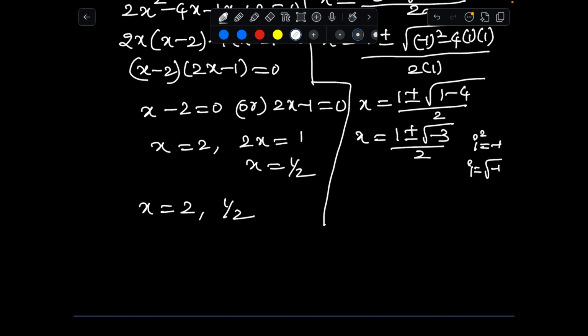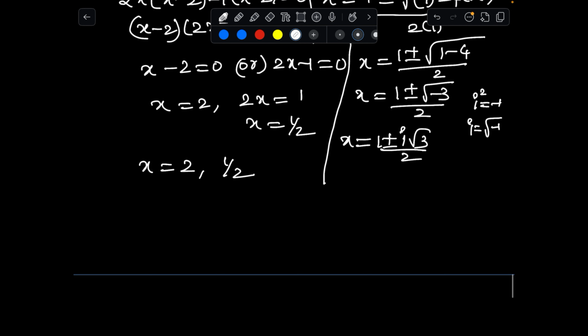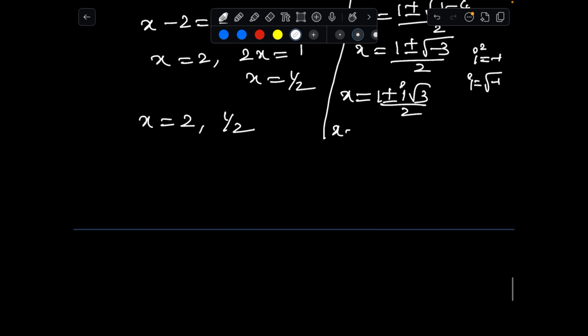Here −3 can be written as 3 into −1, so it is expressed in the complex form, that is (1 ± i√3)/2. From this we get the two roots: x = (1 + i√3)/2 and x = (1 − i√3)/2.